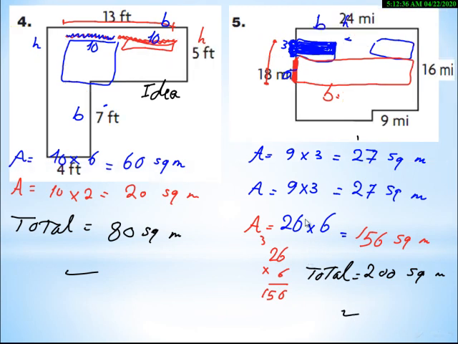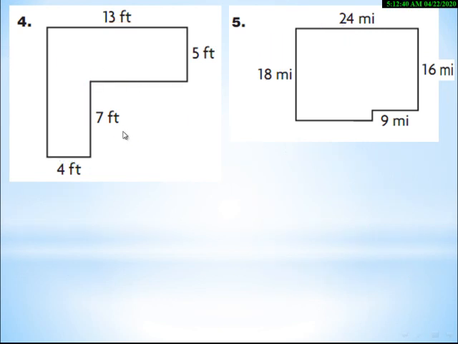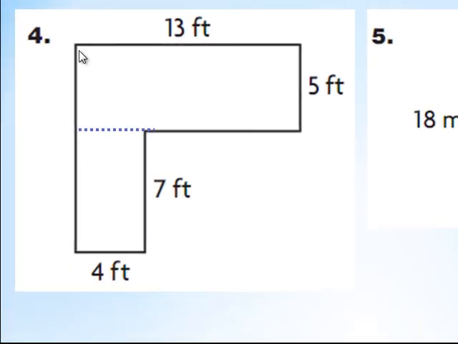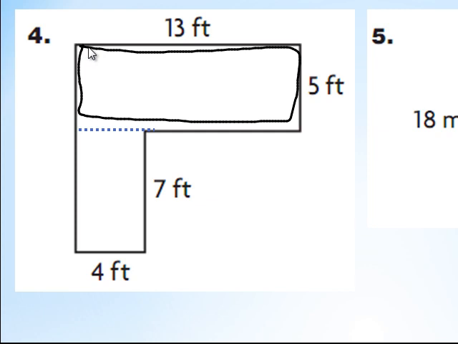Here we go. Question 4. What should you do at first? Great. A cutting line segment. Excellent. Now, for the first one, the first rectangle, could you label its base and its height?